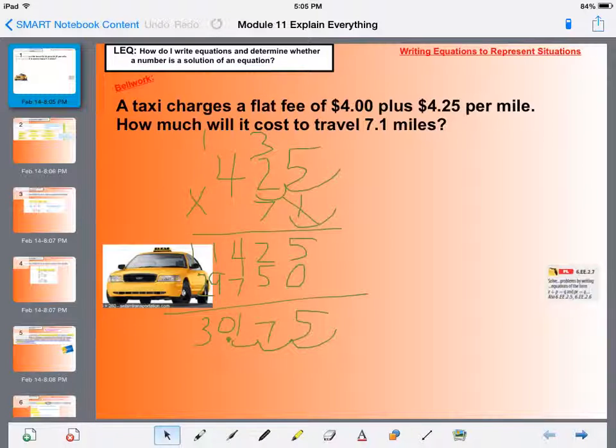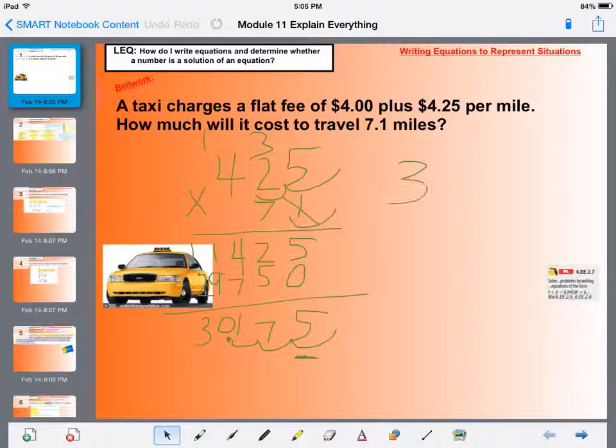And so we have to think, is the taxi going to charge us $30.17 or $30.18 based on that number 5? Remember, we always round to the hundredths place when we're talking about money, and this 5 or more means raise the score.